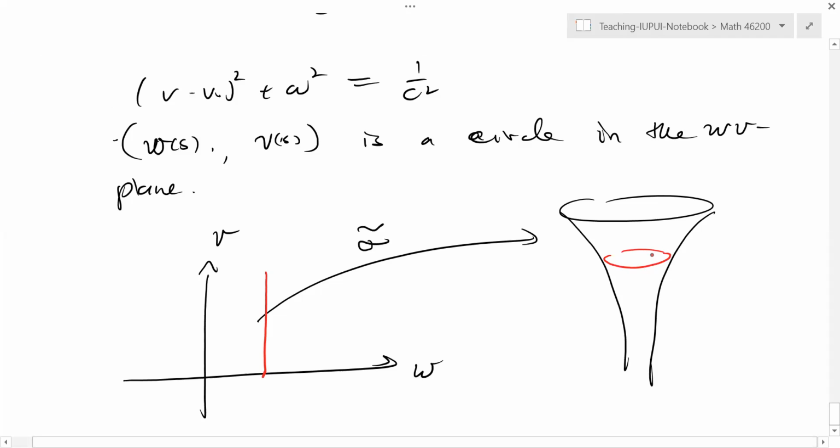Here's another one. The geodesic must be a circle.